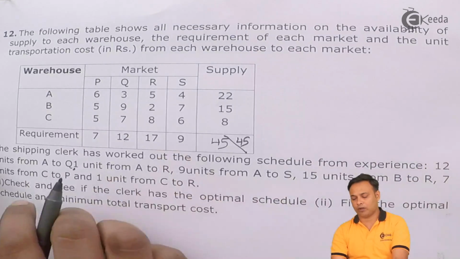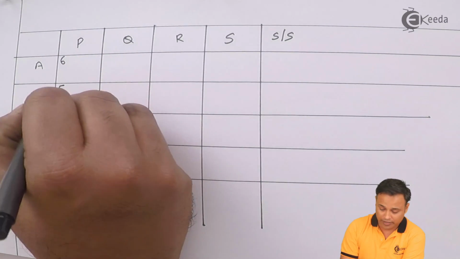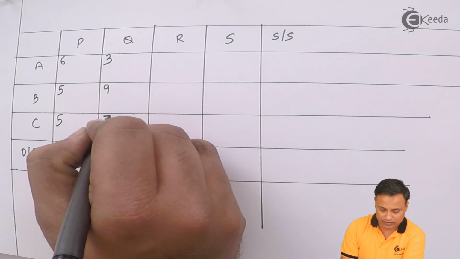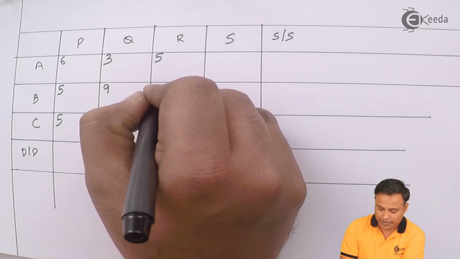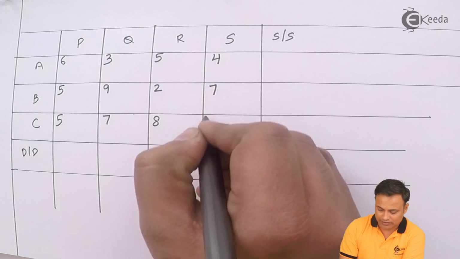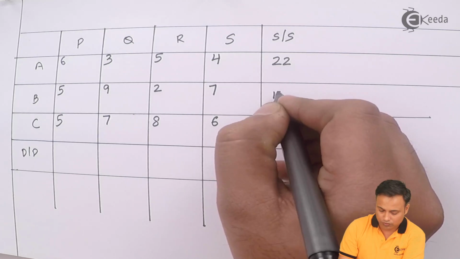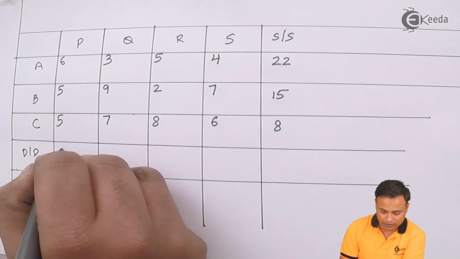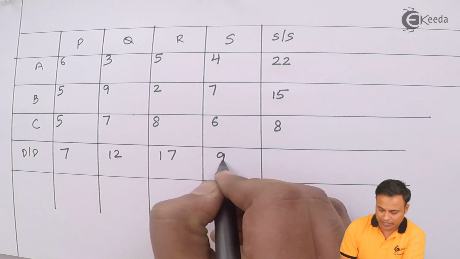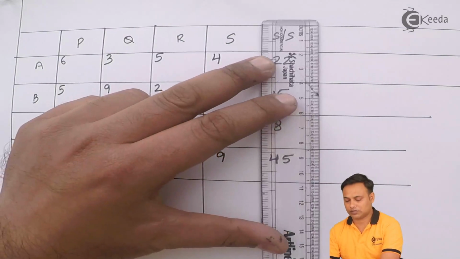So I'll just note down the whole problem as it is. 6, 5, 5, 3, 9, 7, 5, 2, 8, 4, 7, 6. Here is my supply: 22, 15 and 8. Here is my demand: 7, 12, 17 and 9. And here is my total, 45.